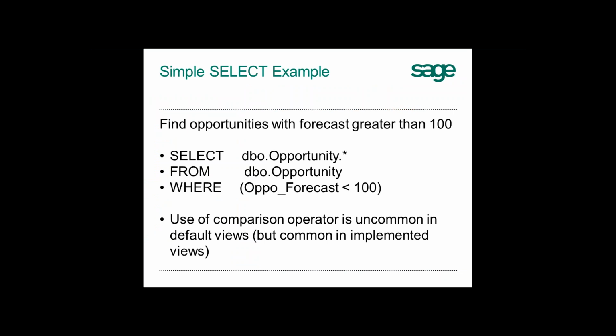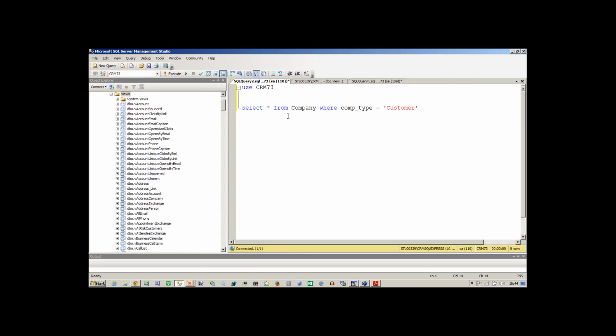And if we're going to start to write a database query, we can start either, as I've done here, by writing my SQL from scratch, or I could admit and say I actually don't know how to write SQL. And if you don't know how to write SQL, the place to start is actually the system views.